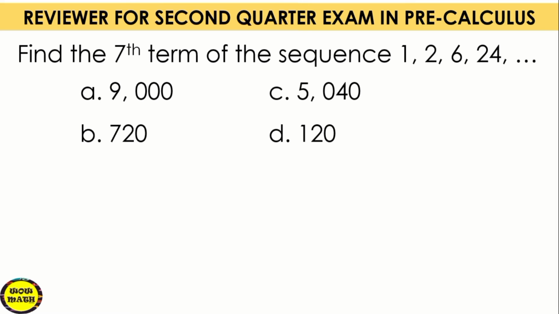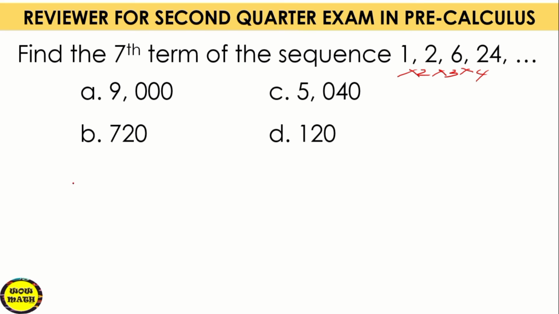Minultiply ba? Nag-add ba? Or nag-divide? In order to get the next term, magmumultiply tayo. 1 times 2 is equal to 2. Para makuha natin yung 6, magta-times tayo ng 3. Para makuha yung 24, magta-times tayo doon ng 4. So, parang ganun yung pattern.